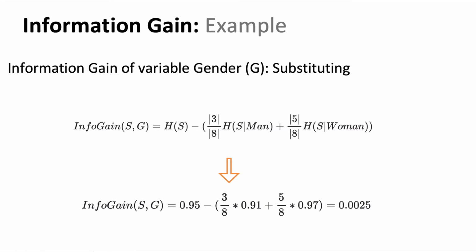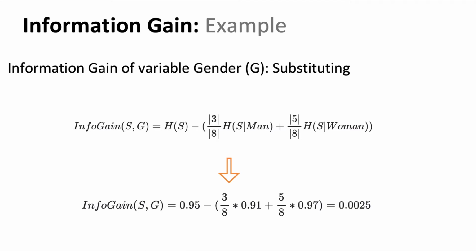So now, substituting, we just obtain the information gain of the variable gender by applying the formula and substituting the entropies. So here, the information gain is very low. It means that the variable gender is kind of bad for classification.